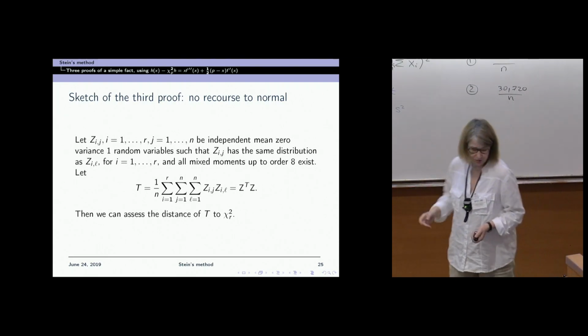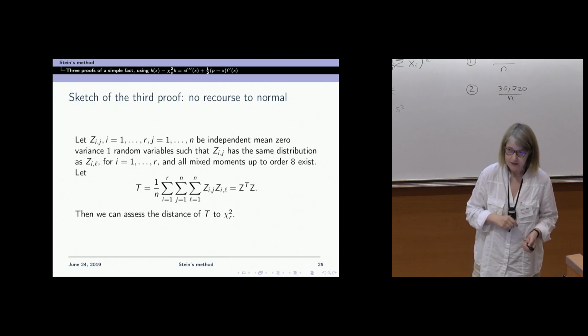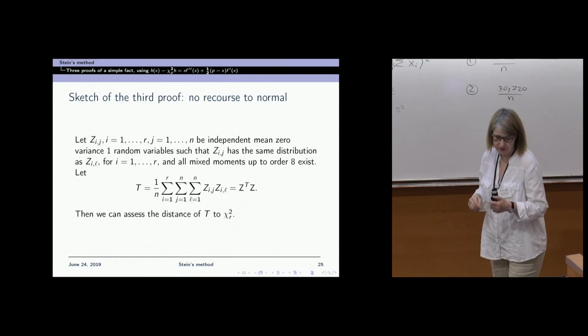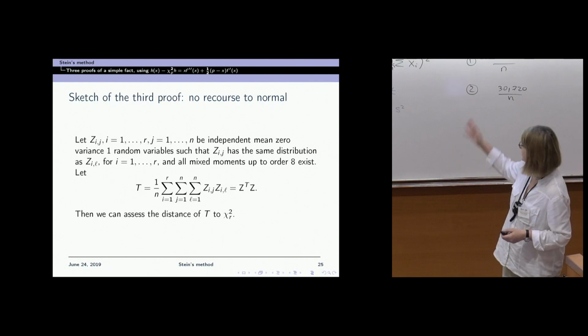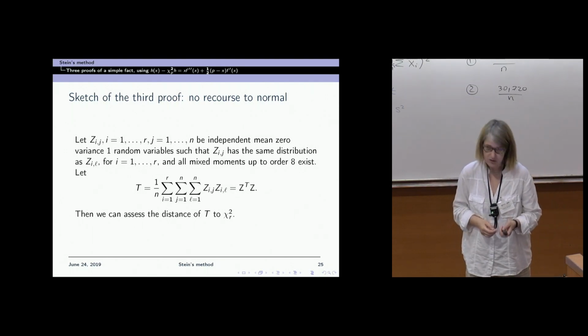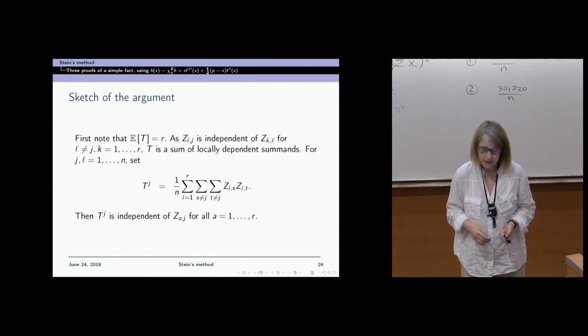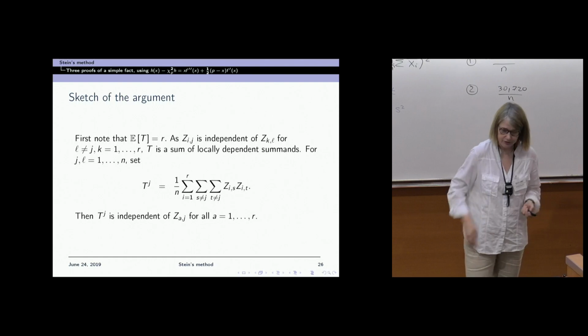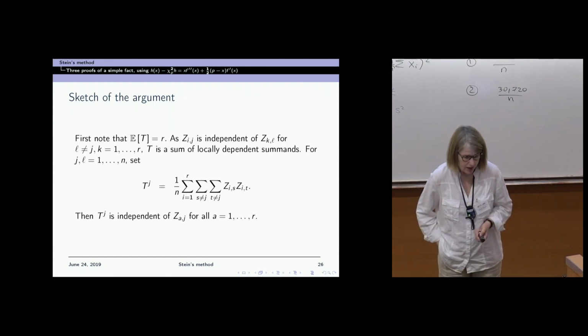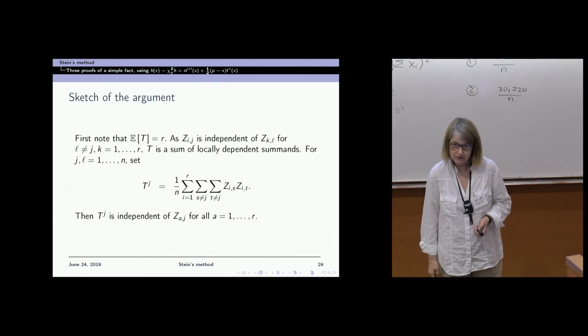And I also assume here in the simple example that they are independent. So then I can write T, which is the sum of these squares, as Z transposed Z, a quadratic form. The expectation is r, which is the degrees of freedom we want to approximate with, and T is also the sum of locally dependent summands.